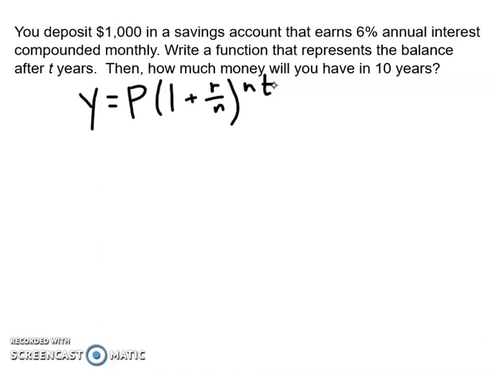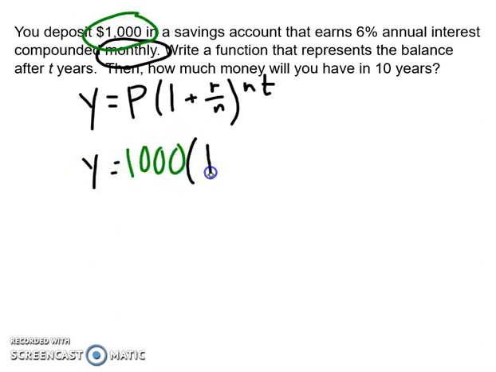When it says compounded monthly, that means there's going to be 12 times that compound interest occurs. So your n is going to be 12. Our principal amount is $1,000, multiplied by 1 plus our rate.